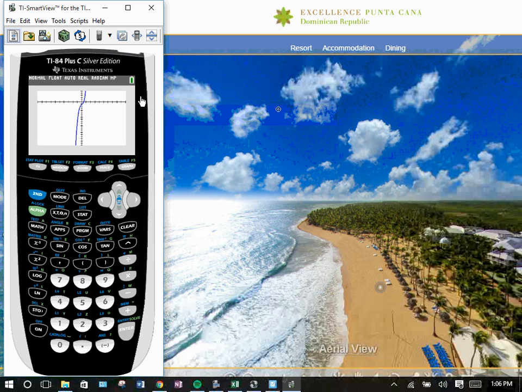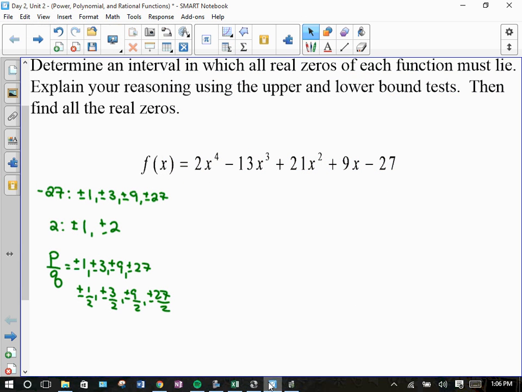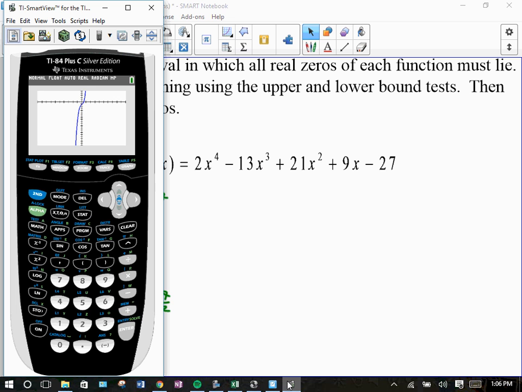Alright, so we have y equals 2x to the 4th minus 13x to the third. I did that wrong, correct myself. Plus 21x squared plus 9x minus 27.